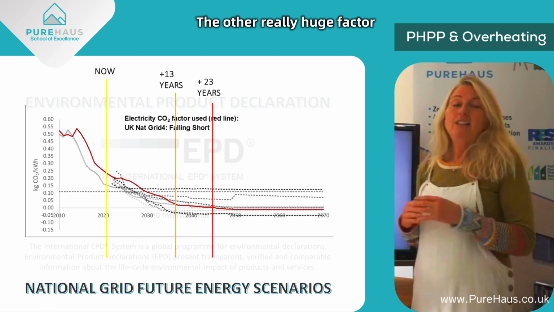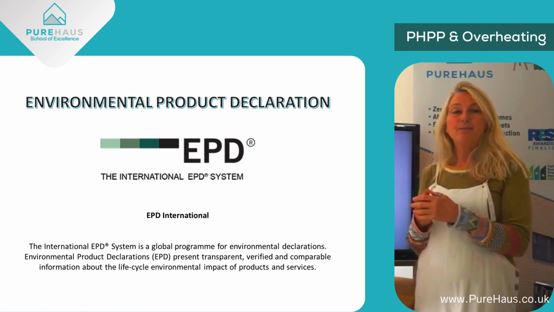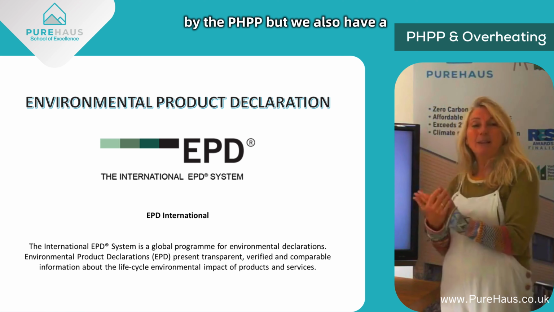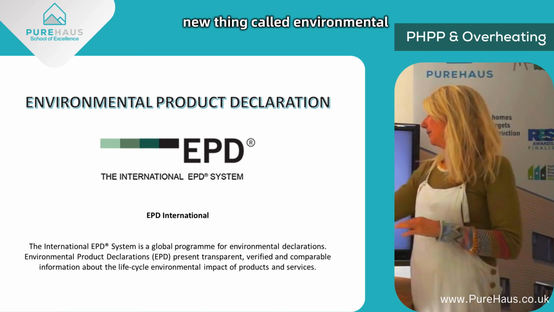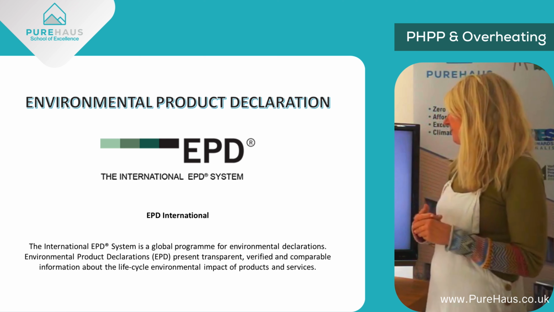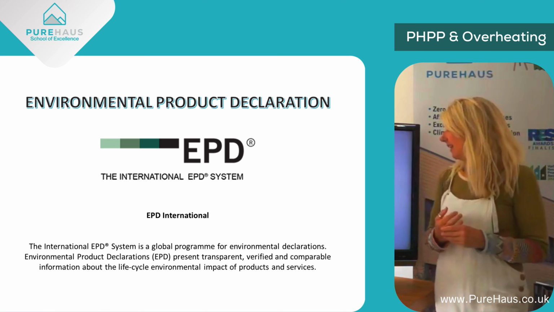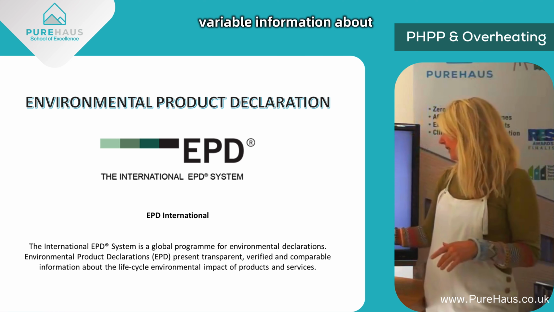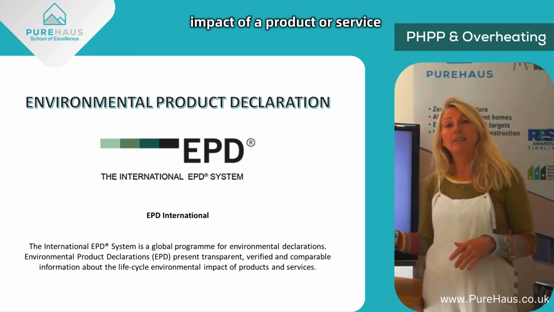The other really huge factor, we talked about EPCs as like a little graph that we could evaluate the energy performance of our buildings, and that's outdated by the PHPP, but we also have a new thing called environmental product declarations, and this is the EPD, and it's a global program for environmental declarations, and they present the transparent, verified and variable information about the life cycle environmental impact of a product or service.